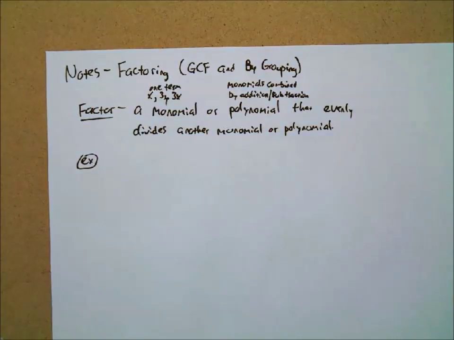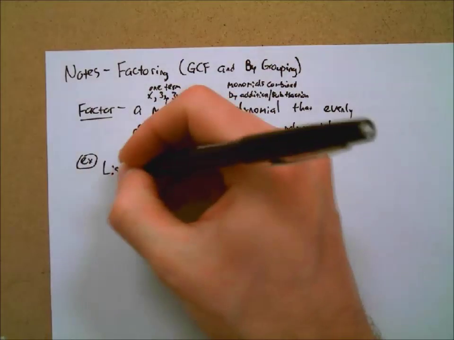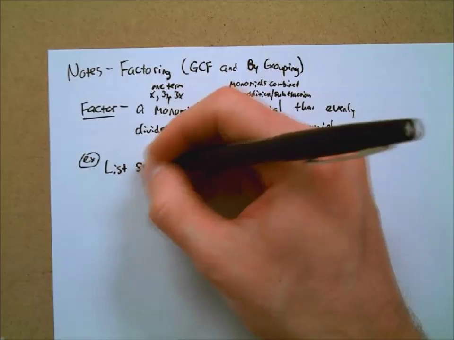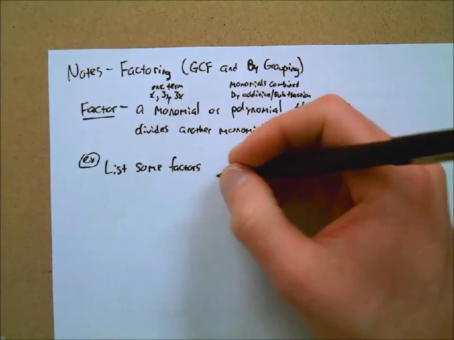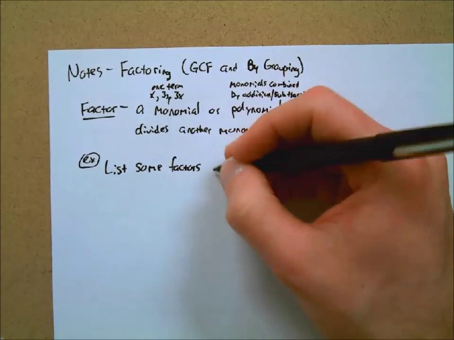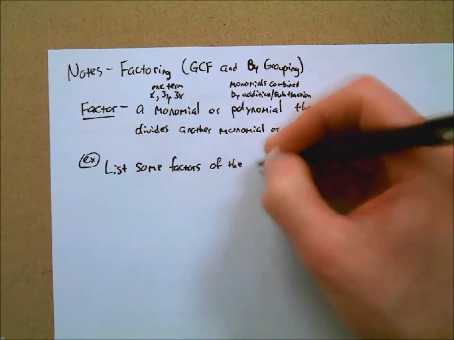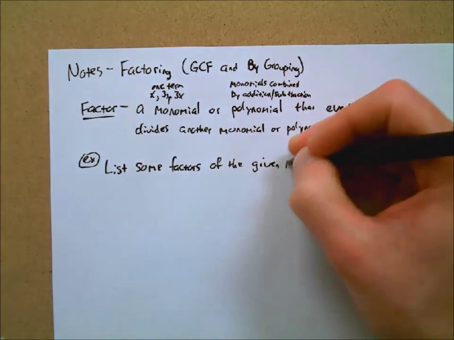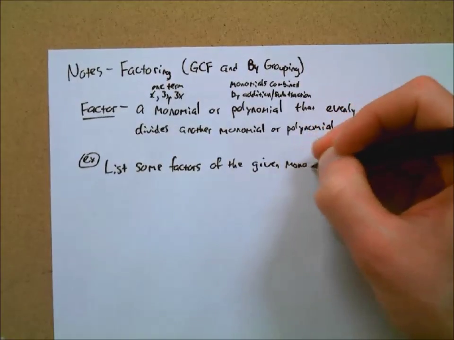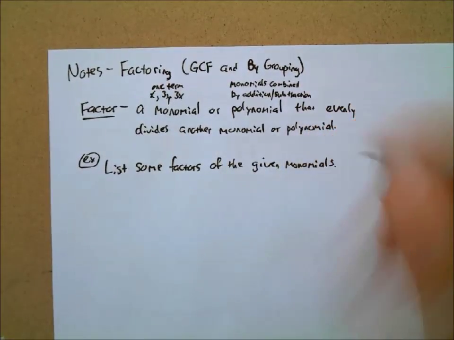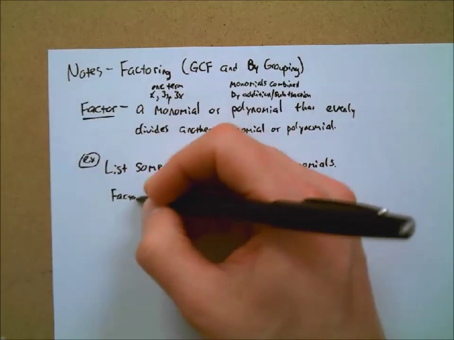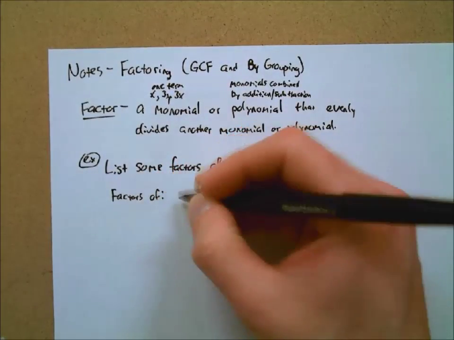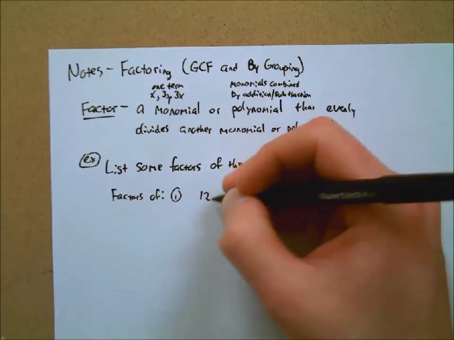All right, so we'll do a quick example here with just listing some factors. Notice I'm not asking for the greatest common factor. I'm just saying list some factors of the given monomials. So we'll do this together. For example, the factors of the number 12.